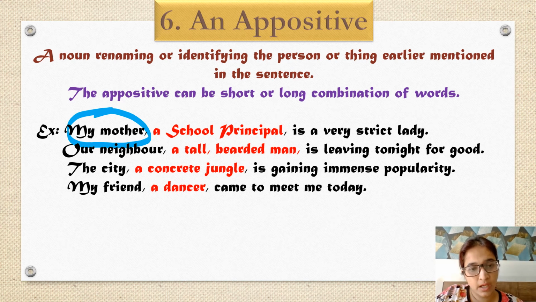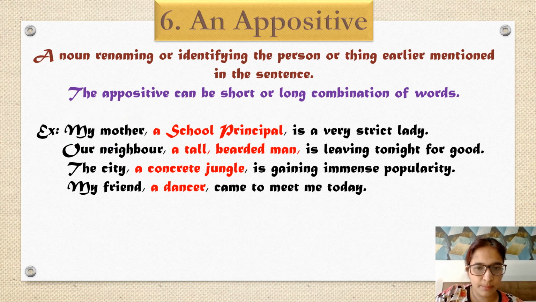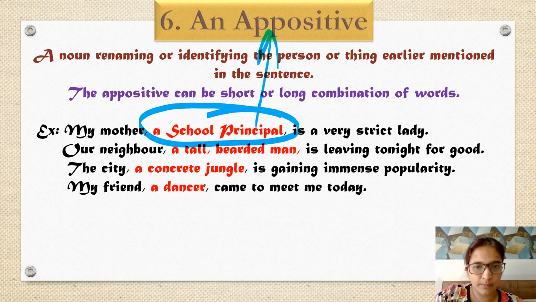When you say my mother, a school principal, you are saying your mother is a school principal, so you are renaming a person you have already mentioned, and hence school principal becomes the appositive noun here.